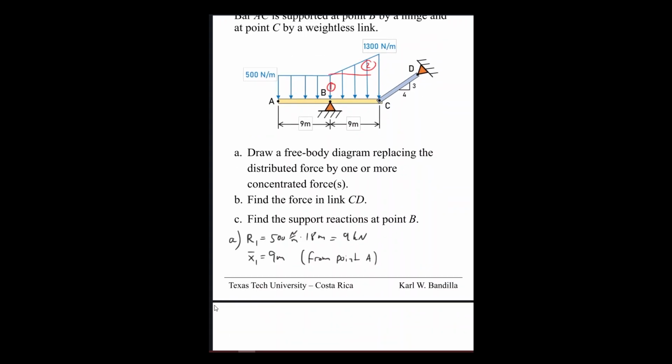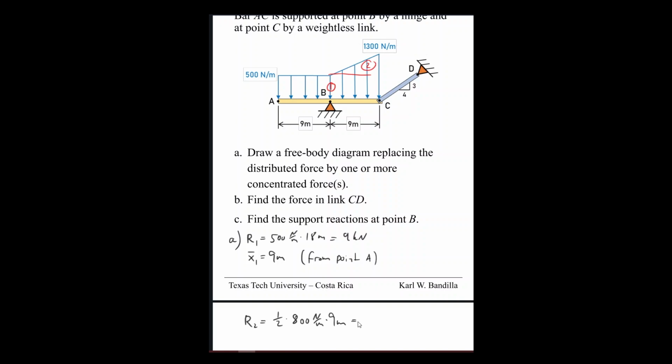Then our concentrated force for the triangle would be 1/2 times the difference between these two, which is 800 newton per meter, and then 9 meters.